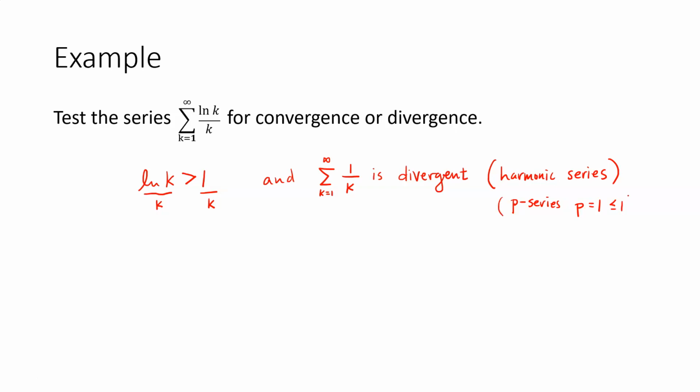We've shown in a couple of ways that the harmonic series is divergent. And since ln of k over k has bigger terms than 1 over k, it must also be divergent. And in this case, by comparison test, since we were comparing it with some known series.